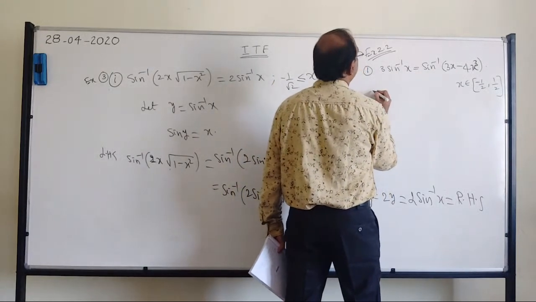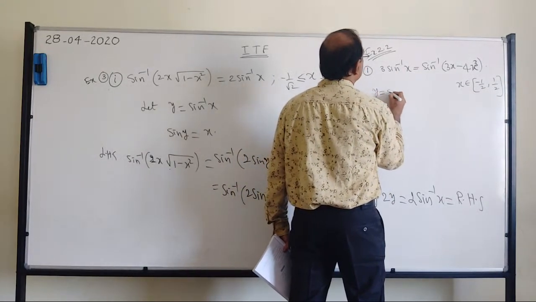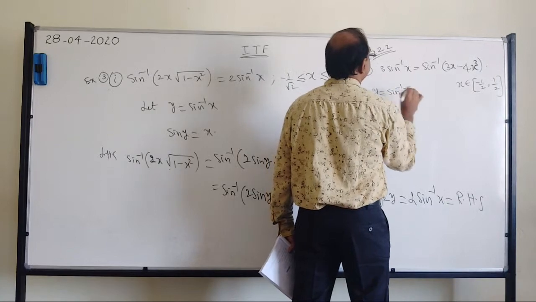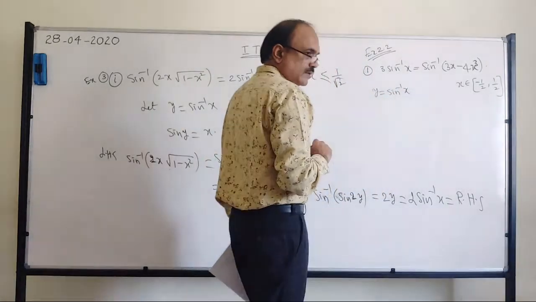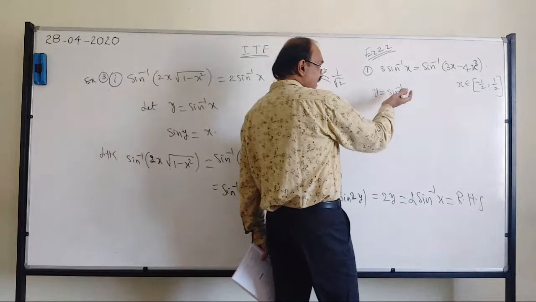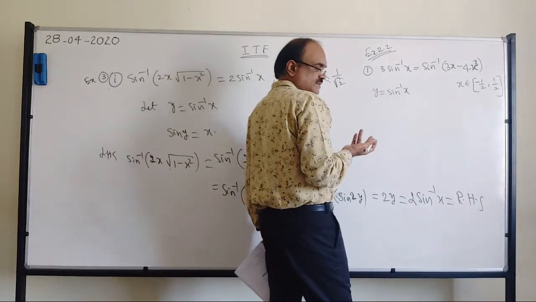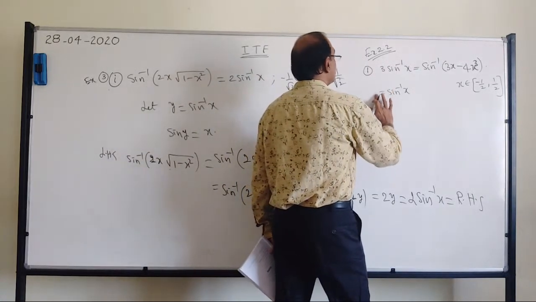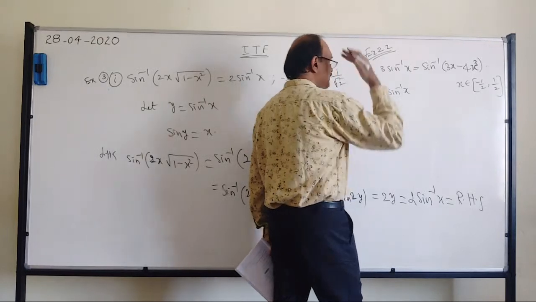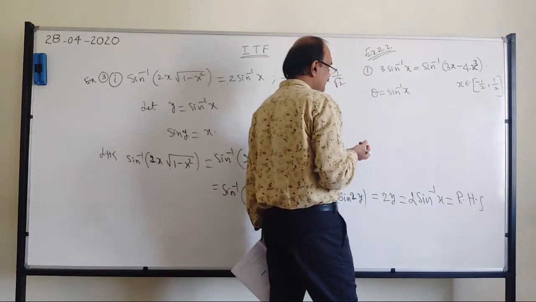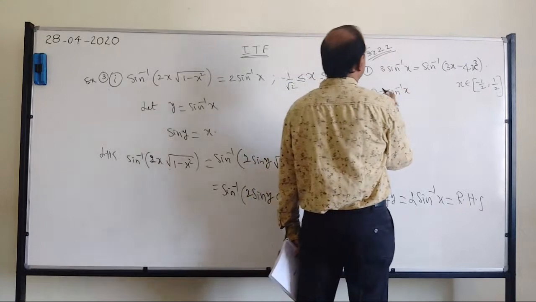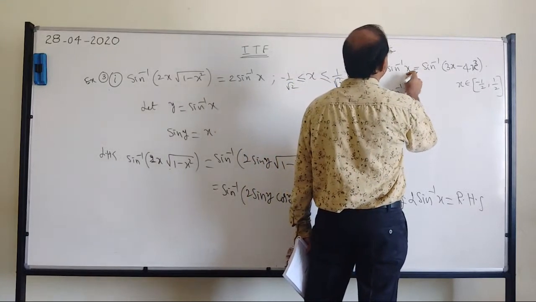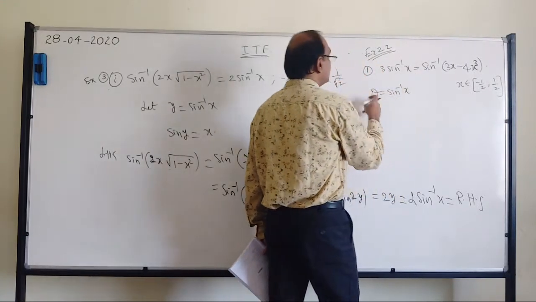Same thing you take, y is equal to sin inverse x. Or you could have taken theta, the angle, sin inverse x. If you are comfortable with theta, you can take theta also, no problem, so that you remember the sin 3 theta formula. Theta is basically an angle, right? What does sin inverse take? Angle. So I could have put theta here or y, whatever.